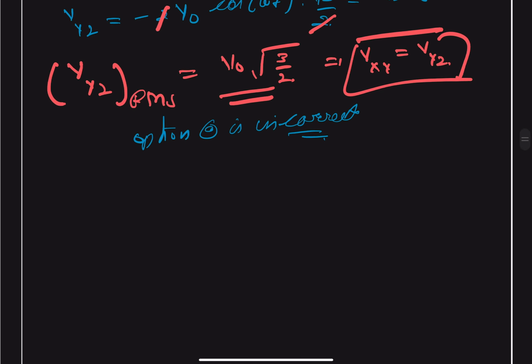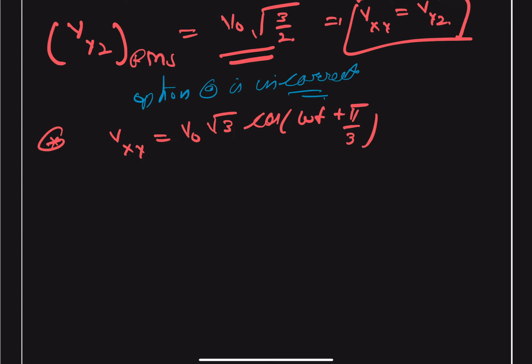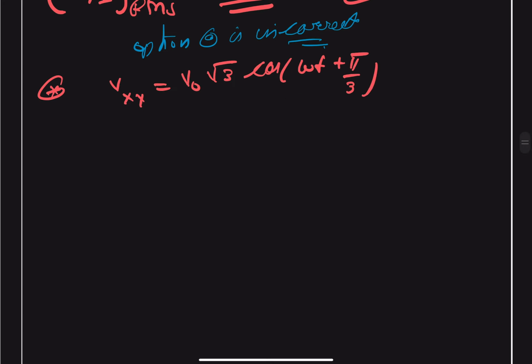So let me write it here, that we found out Vx is equal to V0 square root of 3 and cos of omega t plus pi by 3. And similarly, we found out that our Vz is equal to V0 square root of 3, and we got this as cos of omega t.